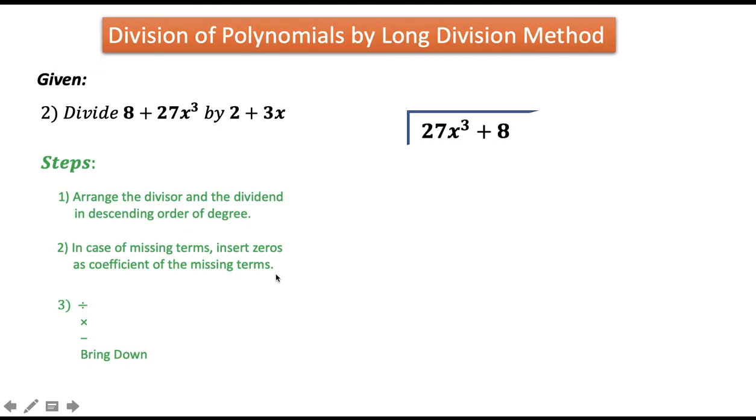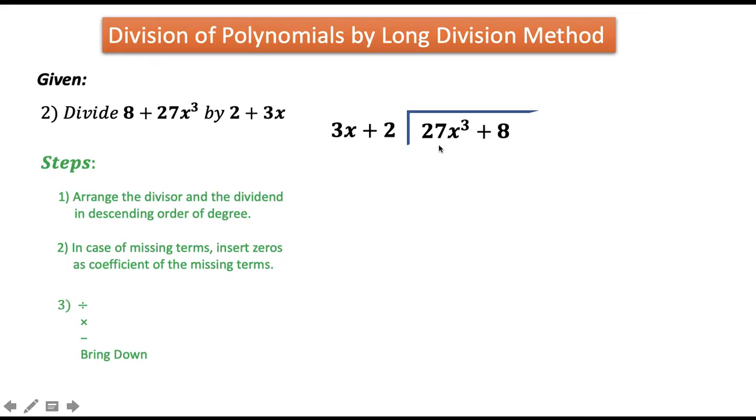The highest degree will be written first, and the same with our divisor. But as you notice, we have missing terms here. Our first term has an exponent of 3 in our variable, but we don't have x squared or x raised to 1 in our given.